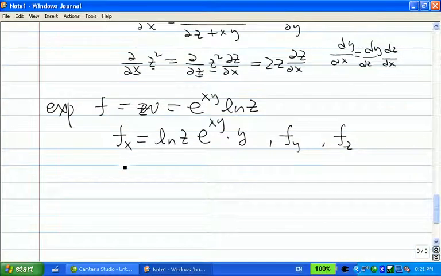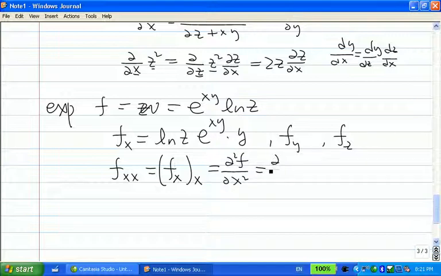For example, fxx. What does that mean? Remember, for a given function, fx is another function of x, y, z. So fxx is like this: you take a derivative with respect to x on fx as a function itself. That means you can also use this notation.